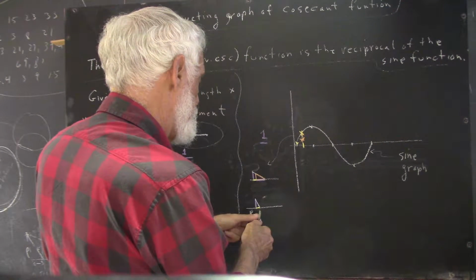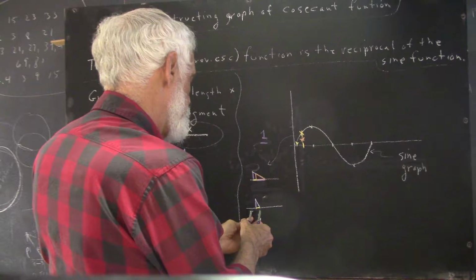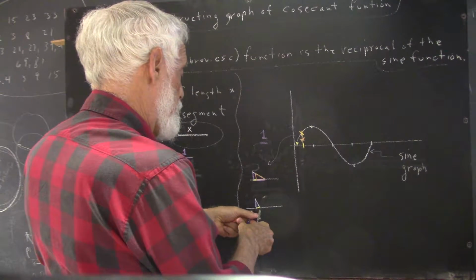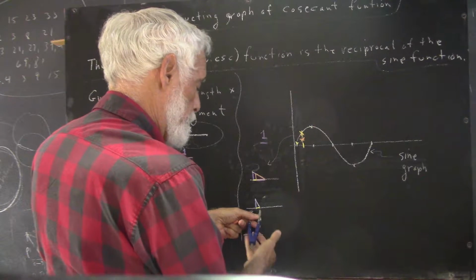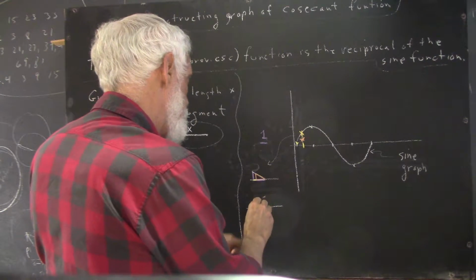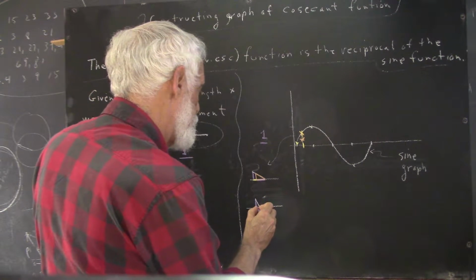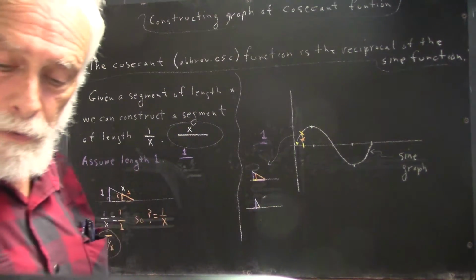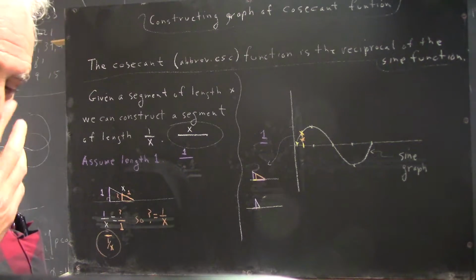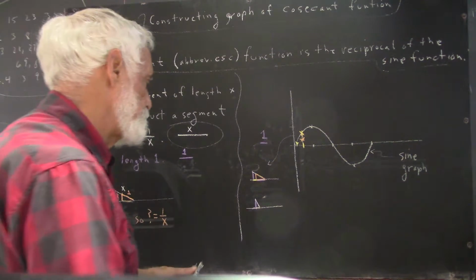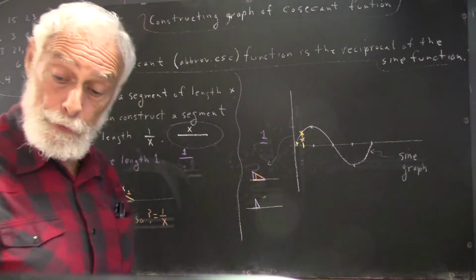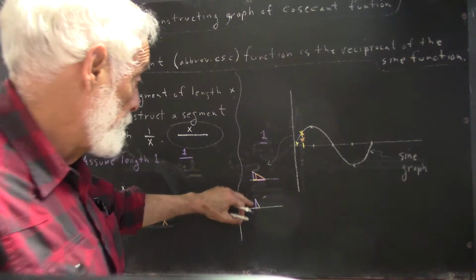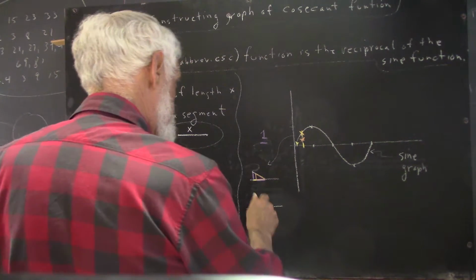Okay, and now we see that the unit length is greater than the base of our triangle. I'm having trouble operating the chalk and the compass at the same time. So if I want the triangle to be similar to this one, I'm going to have to extend the triangle.